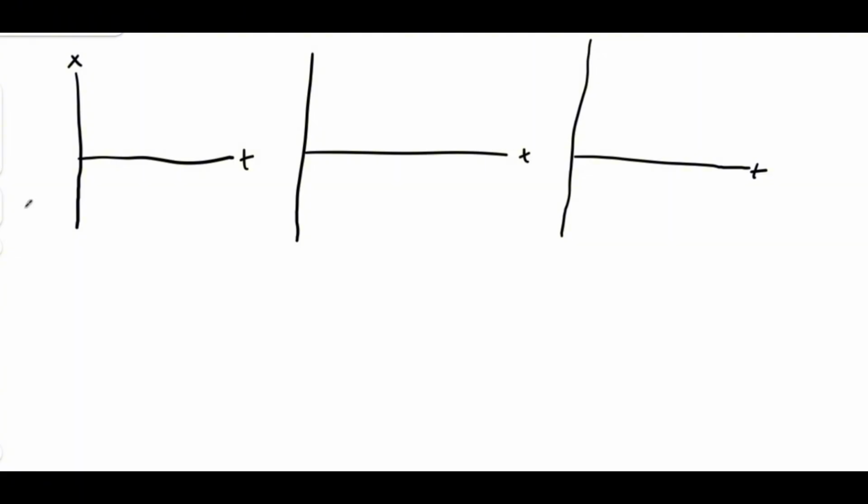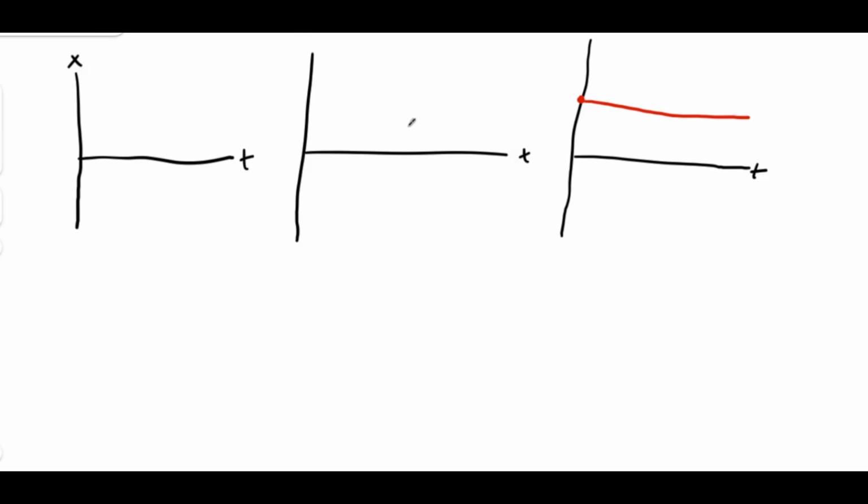So if I were to just have some arbitrary graphs here, position, velocity, and acceleration, and let's just say I have some constant acceleration during this entire interval. Now, what would that mean for the velocity? If the acceleration is a constant positive number, that means the slope of the velocity has to be a constant positive number.